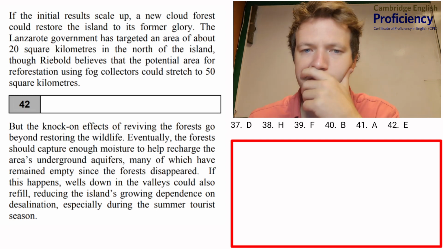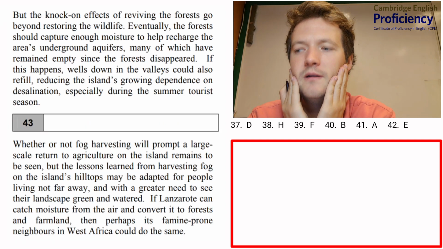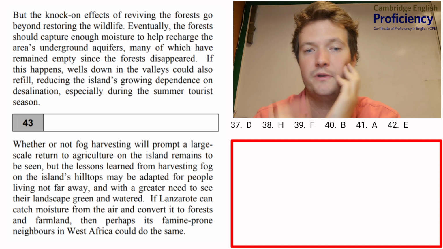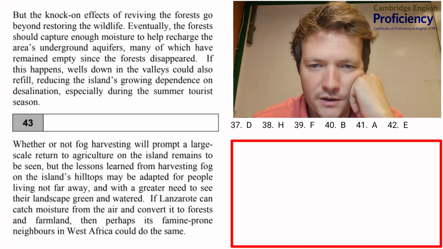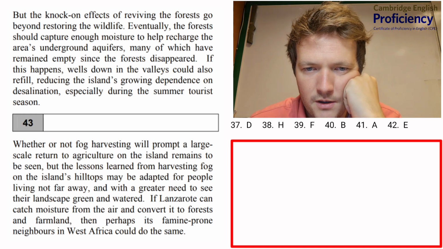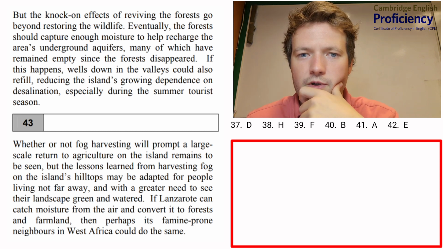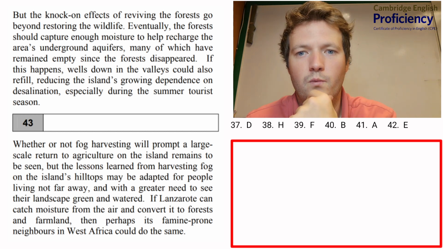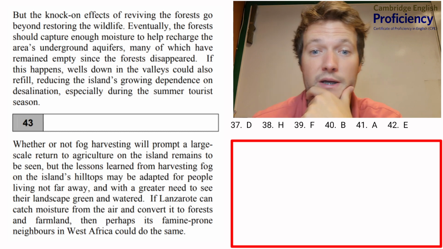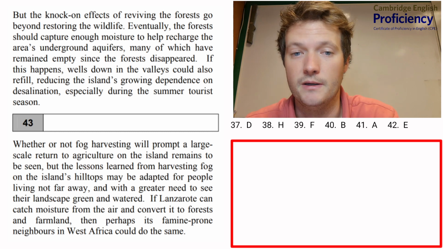So, last one here, and we've got two options. So let's have a look. The knock-on effects of reviving the forest go beyond restoring the wildlife. Eventually, the forests could capture enough moisture to help recharge the area's underground aquifers, many of which have remained empty since the forest disappeared.